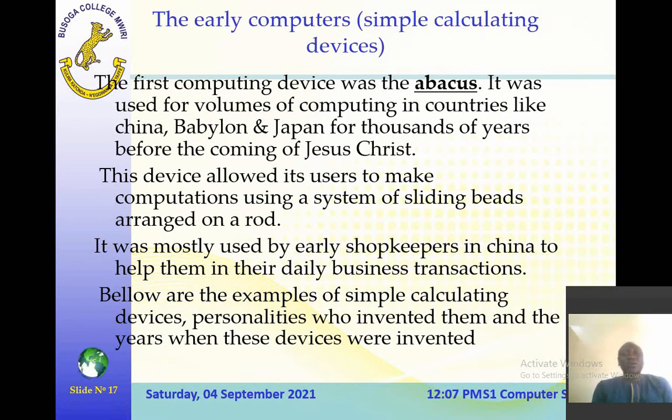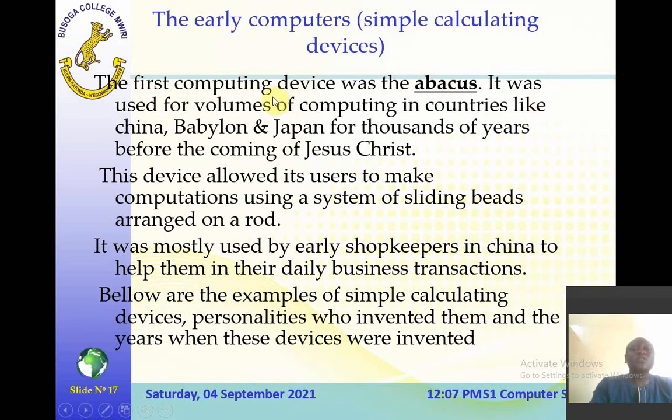Now, when we talk about the early computers, we mean the simple calculating devices. The first computing device was actually the abacus.